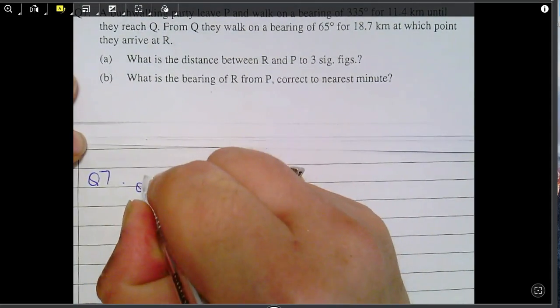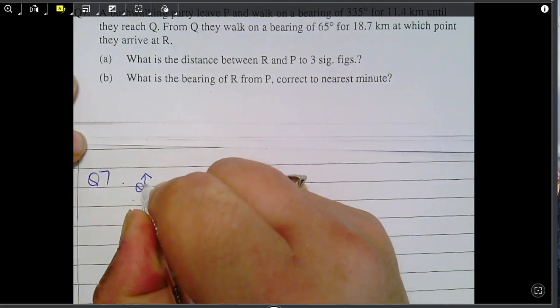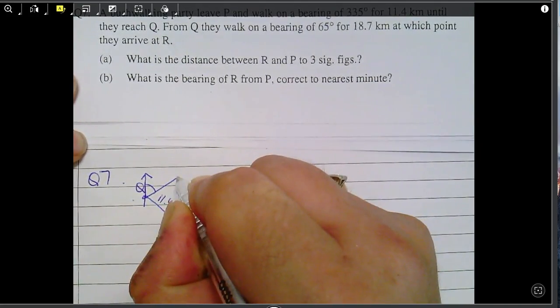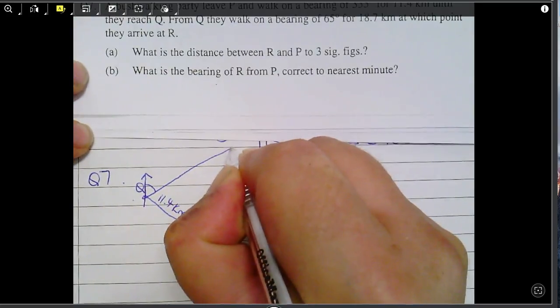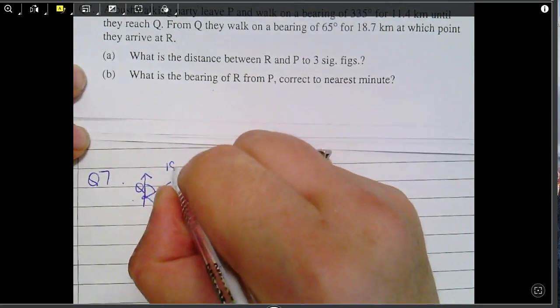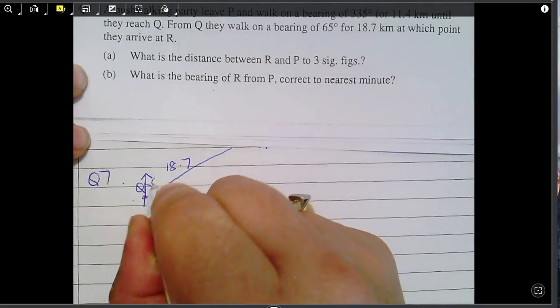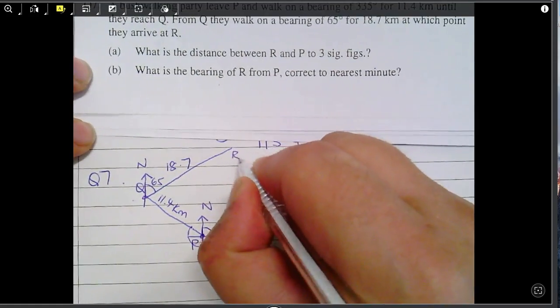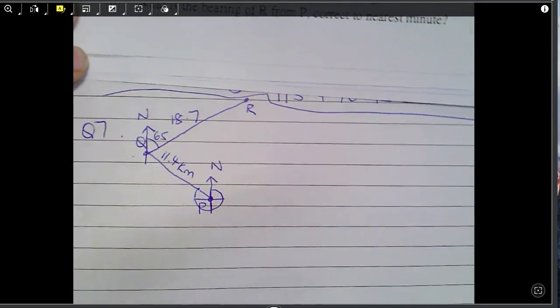So put a new north sign, and you need to go 65 degrees there. But they walk further this time, so 18.7 kilometres. And this angle in here is 65 until they reach R. So that's your diagram.